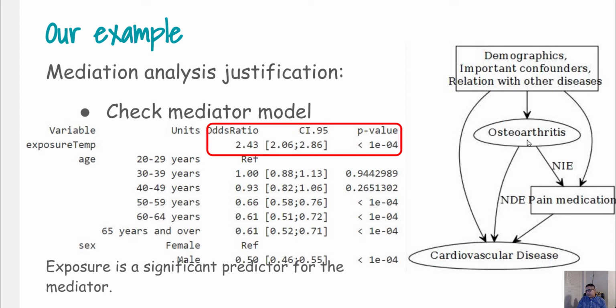So this is one way we could try to justify whether we want to assess this mediation effect in our main analysis or not. However, if osteoarthritis and the mediator have nothing to do with each other, then they are basically independent predictors of the cardiovascular disease. In that sense, whether doing any mediation analysis makes sense or not is something we have to think about.